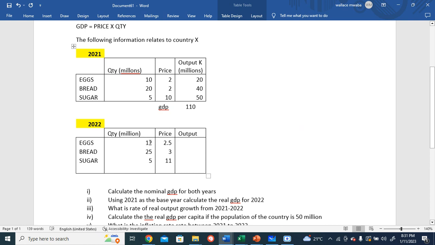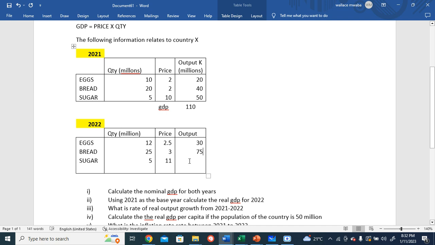For 2022, the nominal GDP, we produced 12 million eggs. 12 times 2.5 gives us 30 million kwacha.